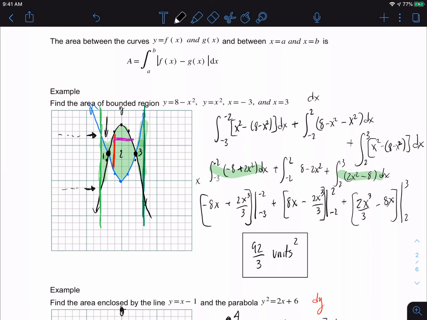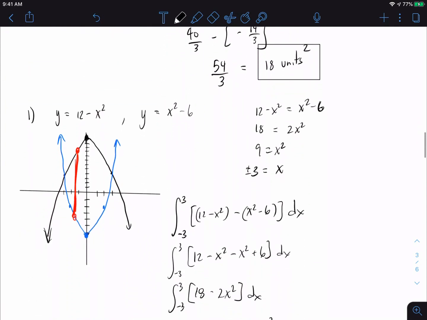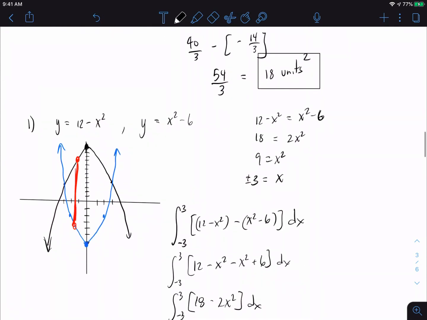So what you're saying is it just depends where those functions are intersecting? Yeah, so that's why pictures are so useful. I mean, I showed you how to do it algebraically here, right? I showed you guys how to do this thing algebraically here. But the thing that ends up happening is even though we know the intersections, we don't know what's on top or the bottom, and so you got to be careful in what you're doing.